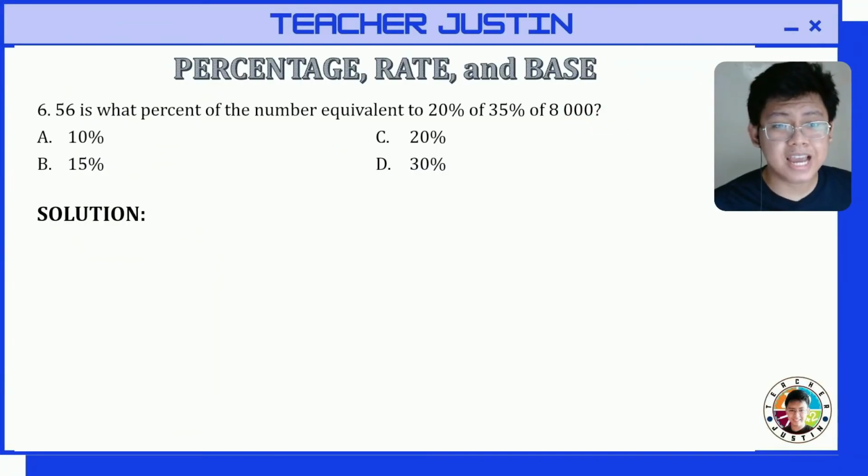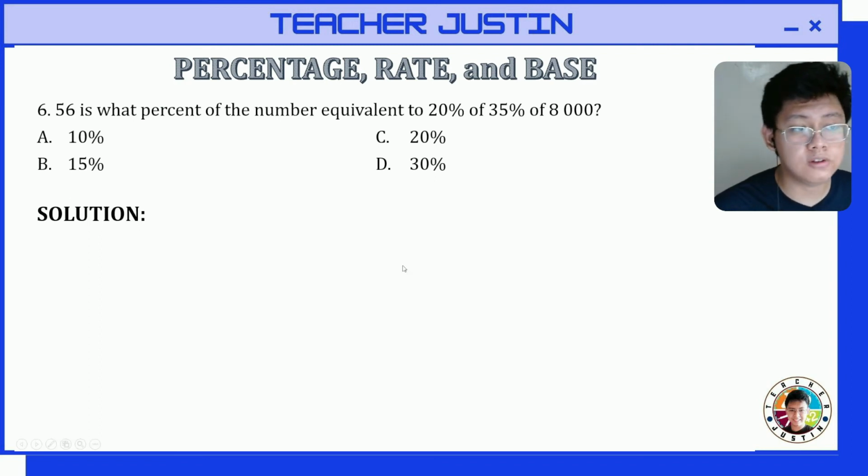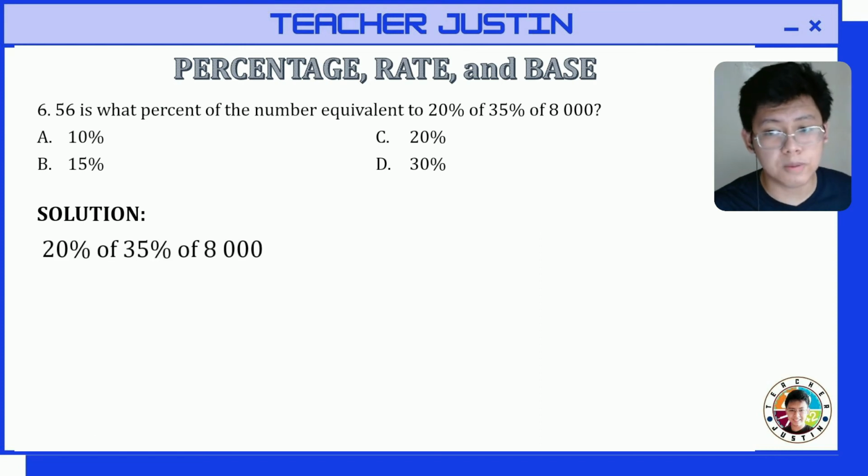Okay, let's have this item. 56 is what percent of the number equivalent to 20% of 35% of 8,000? So, para masagutan natin tong item na to, let's focus our attention dun sa last statement na 20% of 35% of 8,000. So, kopyahin natin yon and let's try to convert it into an equation. So, yung 20%, pwede natin siyang i-convert to 0.2.